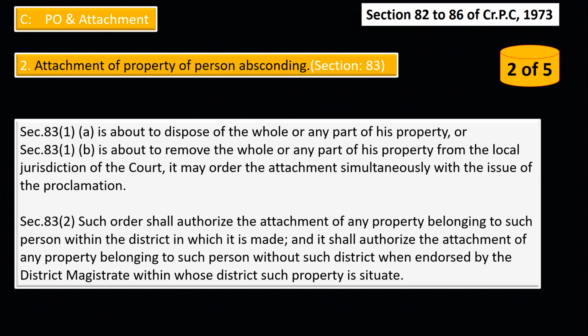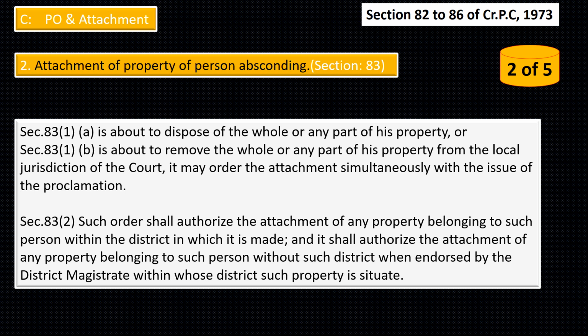So, section 83 is trying to explain that the court is issuing proclamation orders under section 82, and if it has reason to believe that the person might, to protect himself or his property, sell the property.